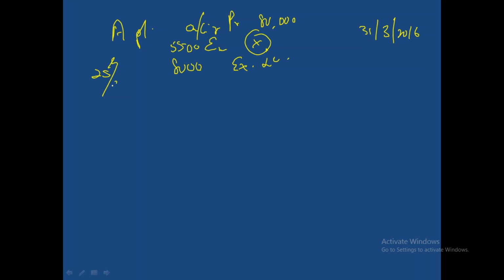So we start off with our accounting profit. That is our starting point. We say our accounting profit is 80,000. Any disallowed expenditure, we must add it. So there's a 5,500 disallowed expenditure that must be added.